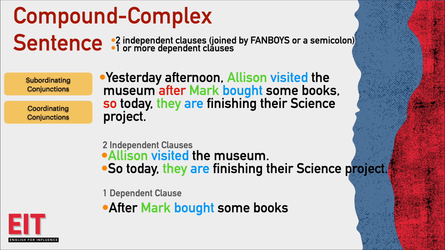And the other one as well. And we have one dependent clause after Mark bought some books, which of course doesn't make sense on its own. It needs to be attached, connected to an independent clause. And that's what we did. We attached it to Allison visited the museum.